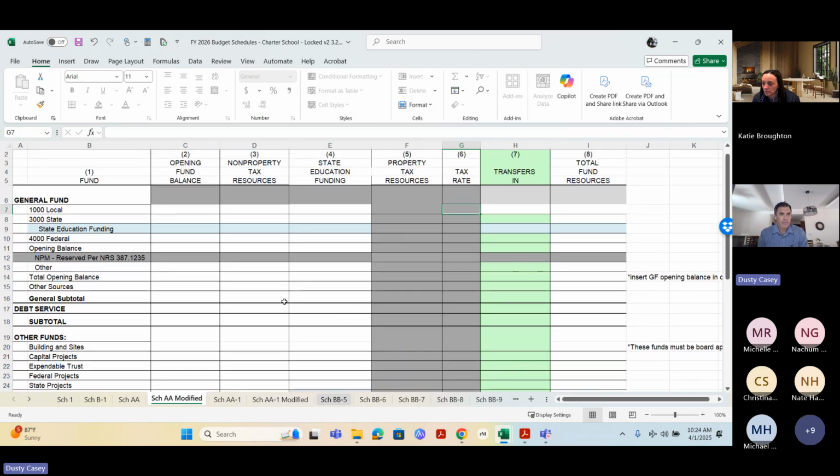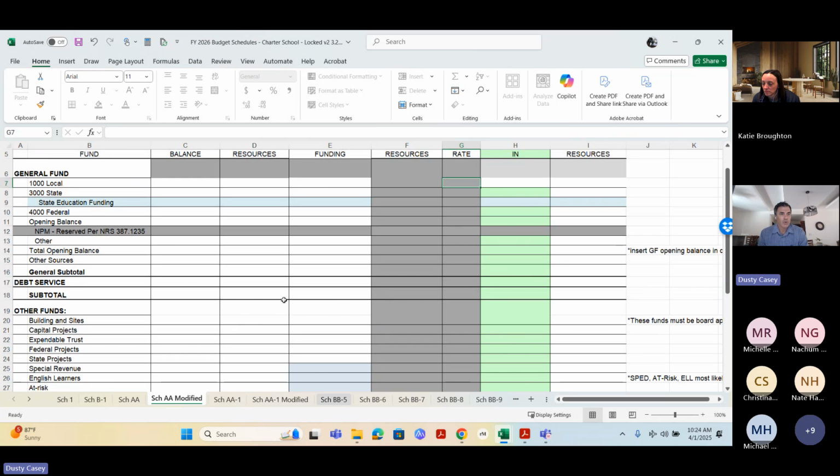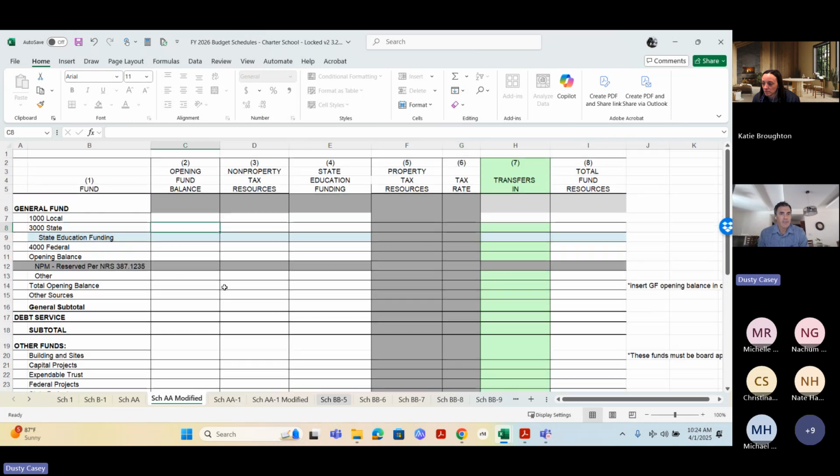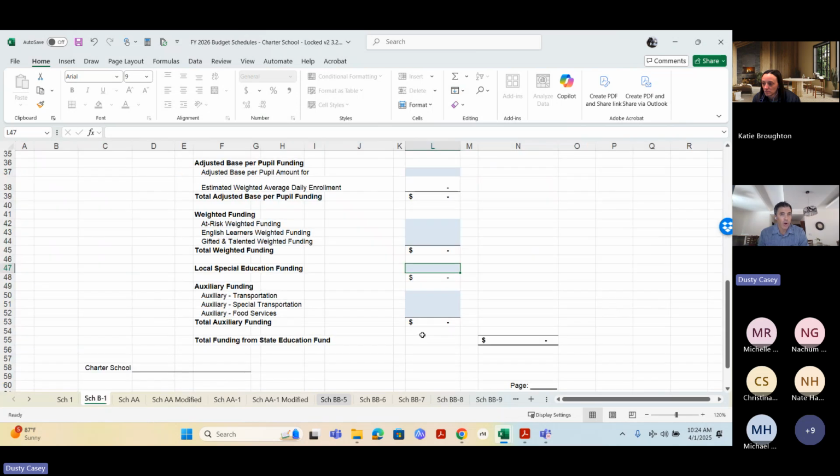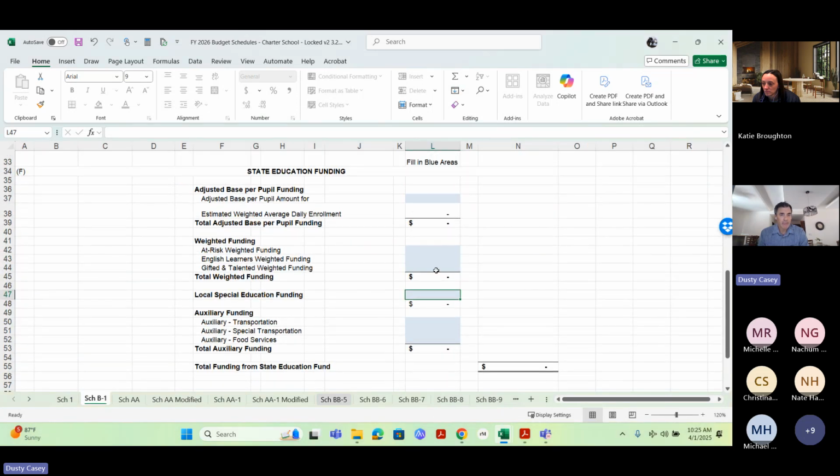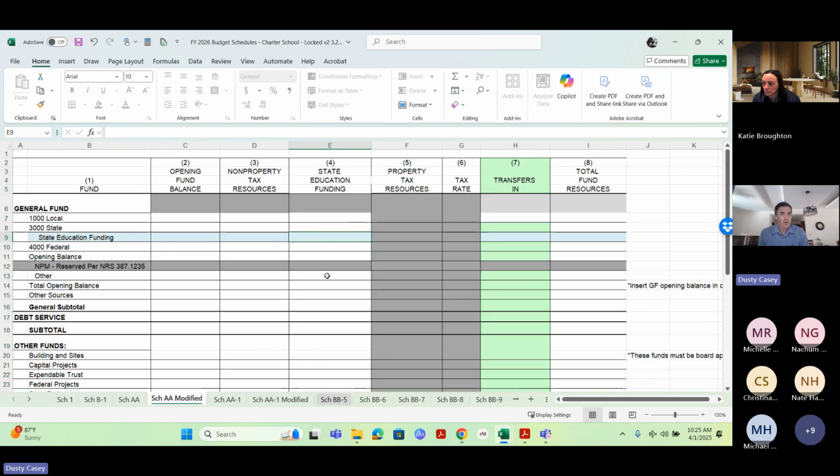So Schedule AA modified is a summary of your revenue, your 1,000 local, 3,000, and you're going to break it out in column E, which is state education funding. That's the funding on Schedule B1: your PCFP funding, at risk, all those weighted funds plus your base funding. That's going to go in this column here. So more than likely, column E9 is going to be the sum of that.